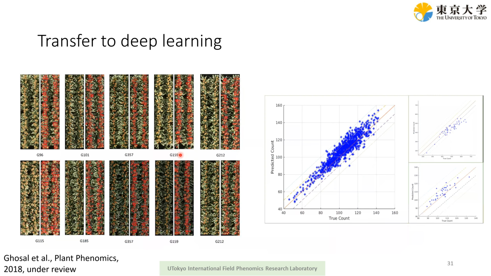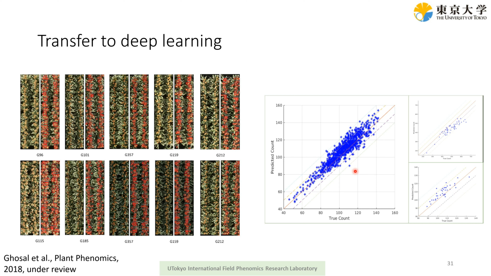So finally, by rerunning this kind of process, we have a good amount of annotated data set, and then we have a good deep neural network to be trained, and we tested it on different varieties and under different net conditions, as you can see over here, and the result is quite good.